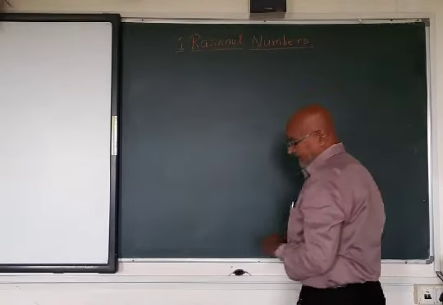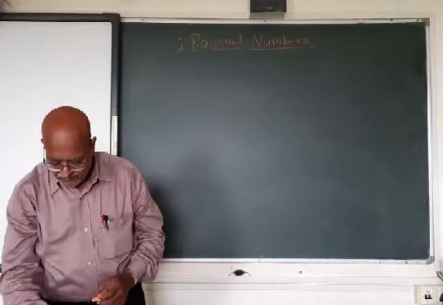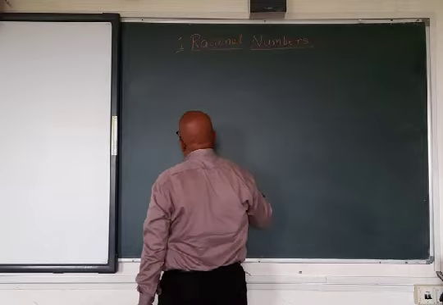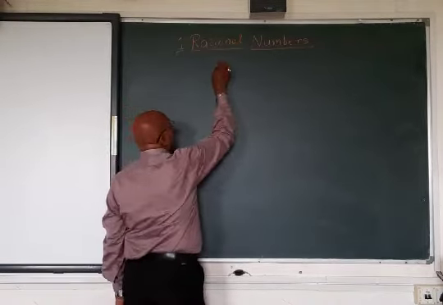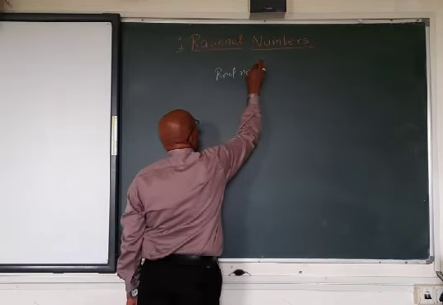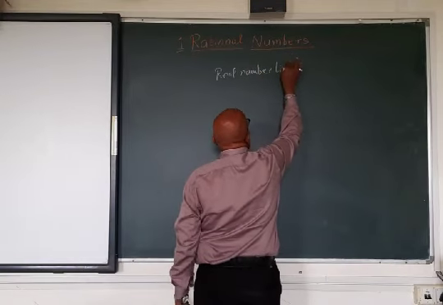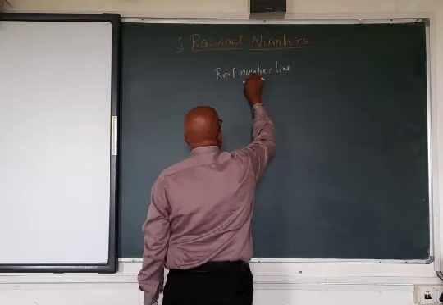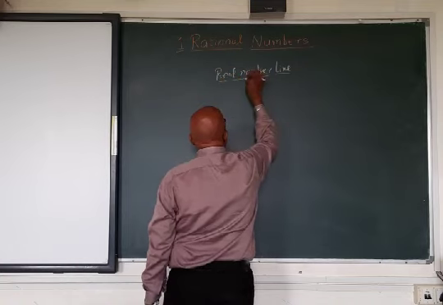Now what is a number line? Before that, a bit of explanation I want to do. What is it called? The number line itself is called the real number line. Now actually this line is okay, but what is a real number?